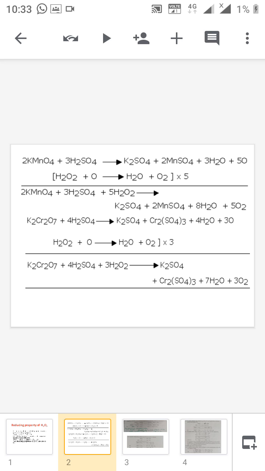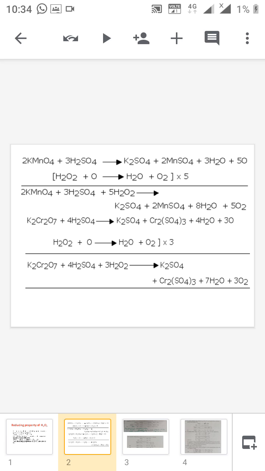Next example is the reduction of the dichromate ion to chromium ion. This is the equation used in dichrometry, K2Cr2O7.